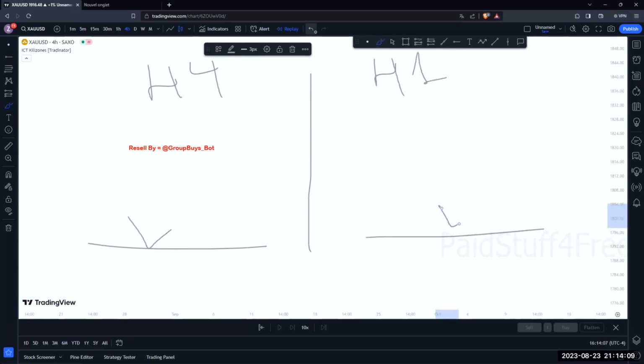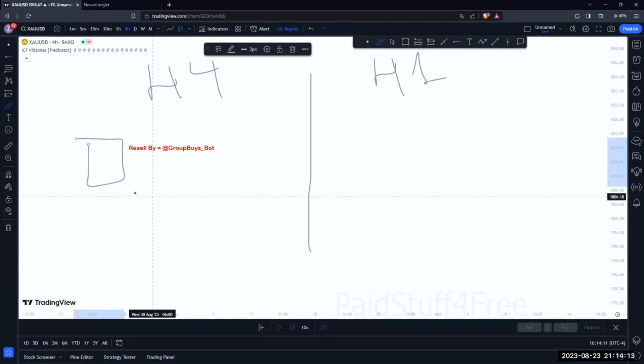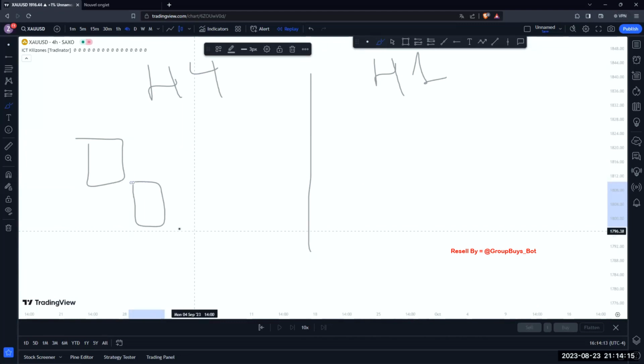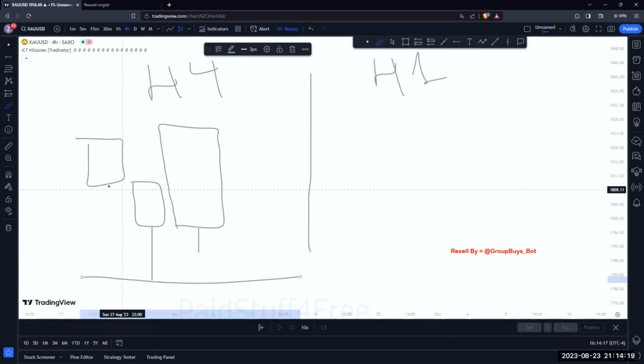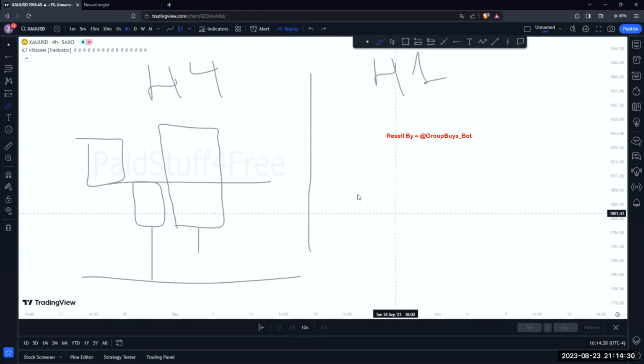We touch somewhere right there. So on H4, it looks like this. Break. And then when you go to H1, refine this to H1, it's going to look something like this.